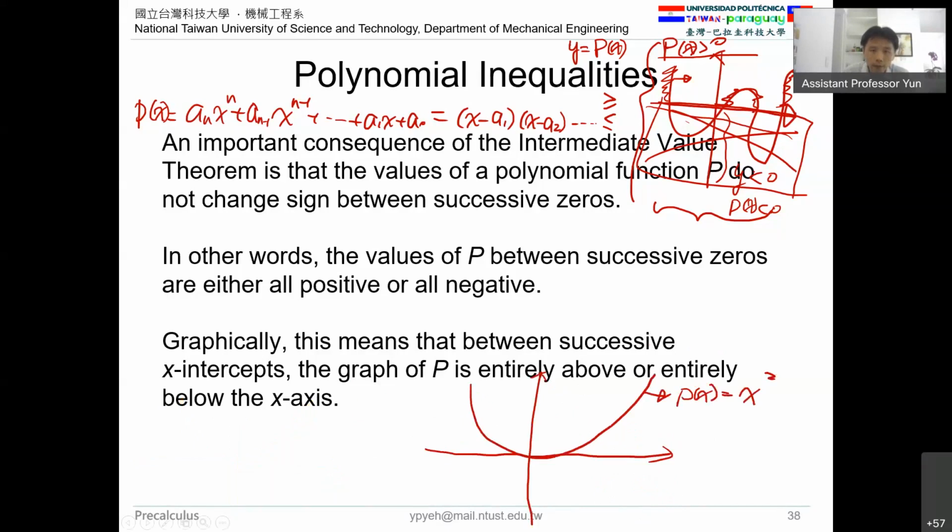And then we have another function, the q of x, which is a certain function, right? Here's the q of x.